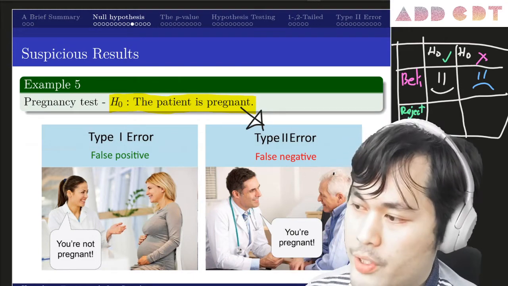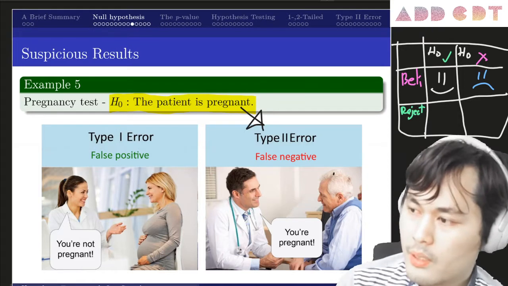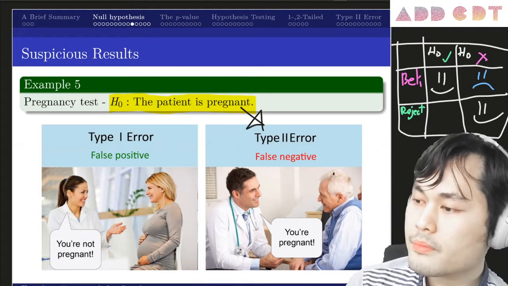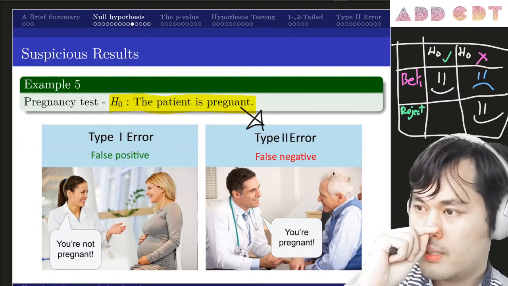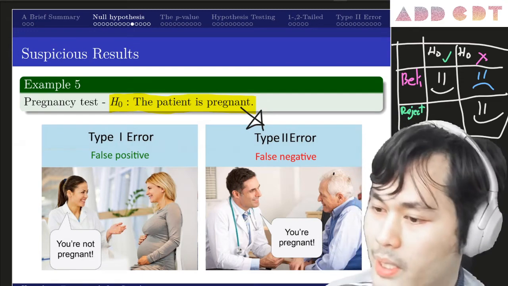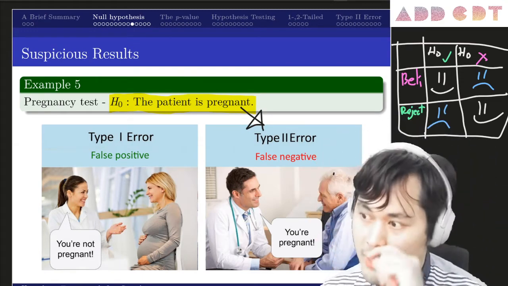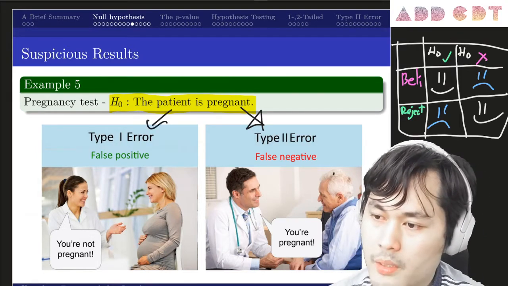If we decide to reject, and the patient is not pregnant, then in this scenario we are happy with the result. And on the other hand, we may reject while the patient is actually pregnant, then we would not be happy with that scenario, which is the type 1 error here.